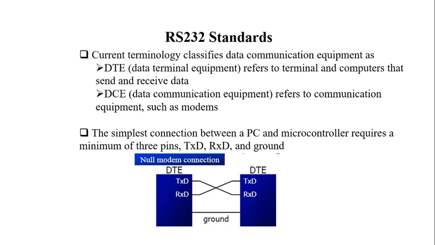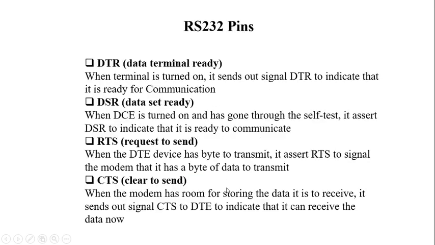Current terminology classifies equipment as data terminal equipment and data communication equipment. The simplest connection between a PC and a microcontroller requires a minimum of 3 pins: TXD, RXD and ground. So your TXD pin is connected with RXD, and RXD is connected with TXD.